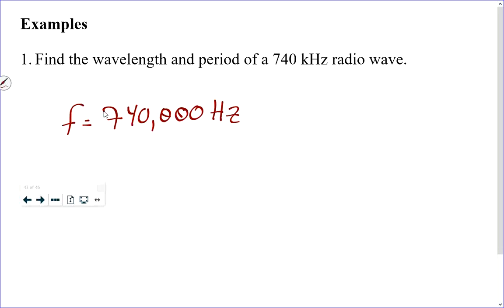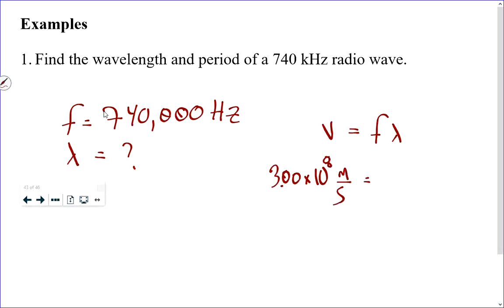If we want to find the wavelength, then we can use the universal wave equation of v equals f lambda. So we can put in the speed of the wave, 3.00 times 10 to the 8 meters per second. We can put in the frequency, 7.4 times 10 to the 5 hertz, and get the wavelength.